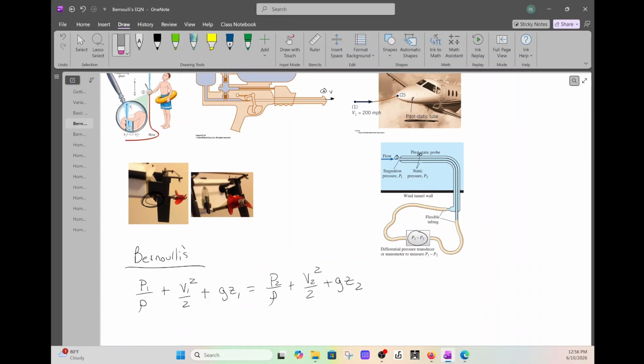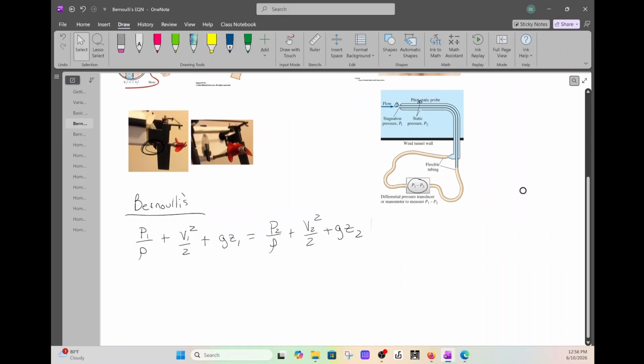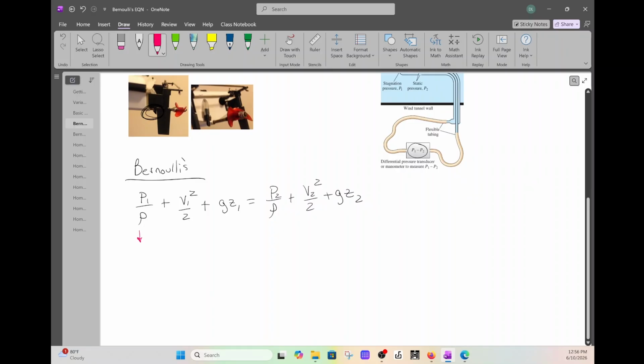I'm just going to erase those. So each one of these terms, this is what we call pressure energy. This is your kinetic energy.